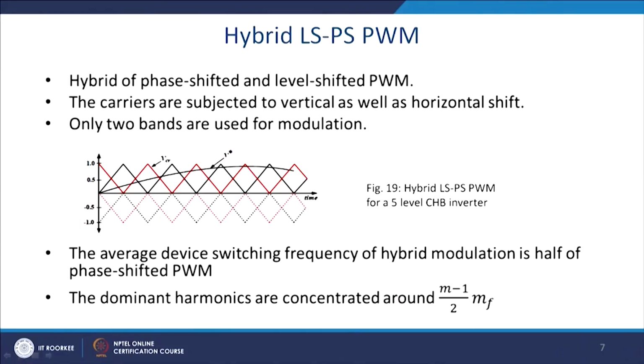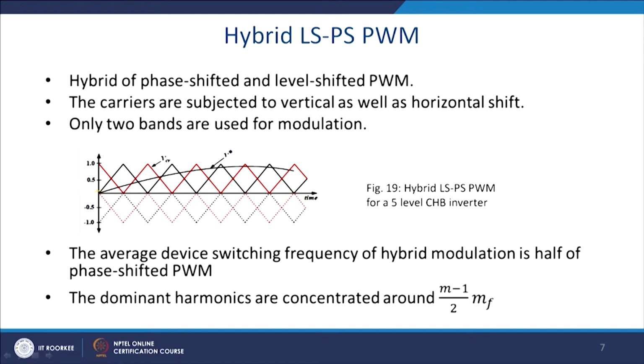Now, let us combine LS and PS, then what will happen? Then it is said to be the hybrid PWM, where you will find that there is a mirror image form here. Actually, there is a phase opposition disposition.